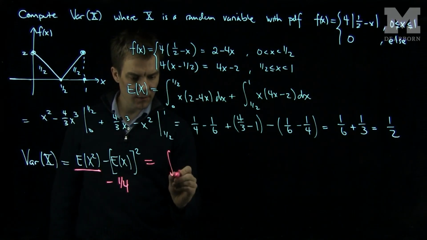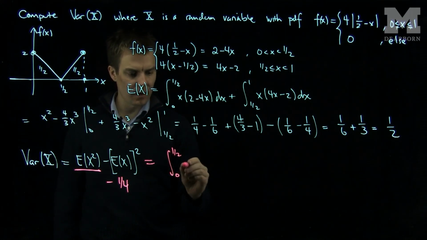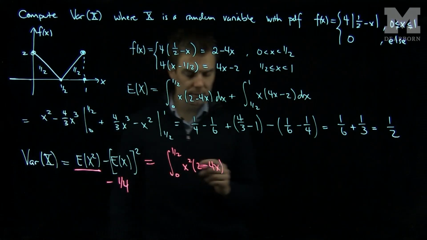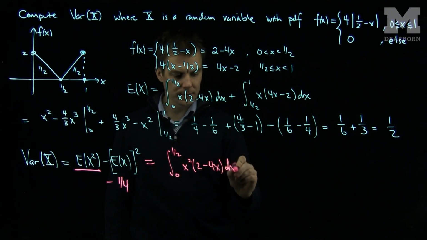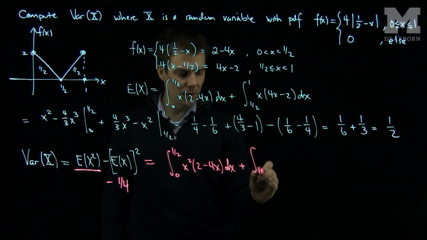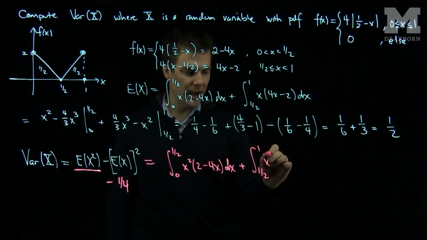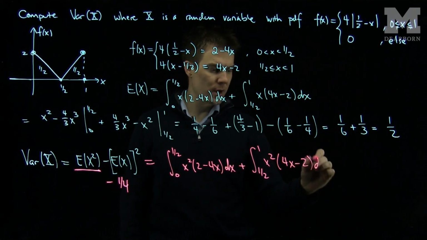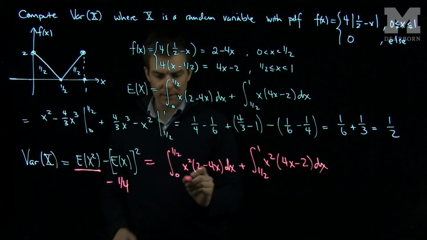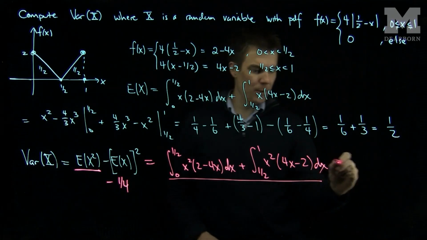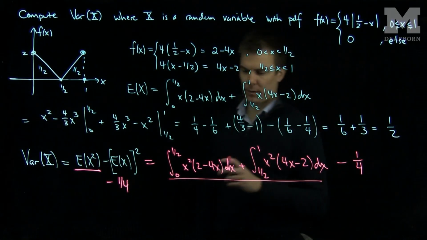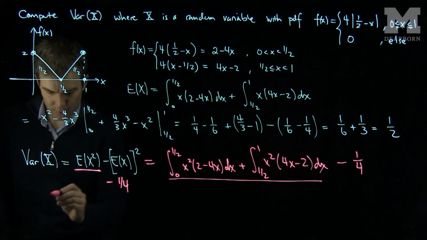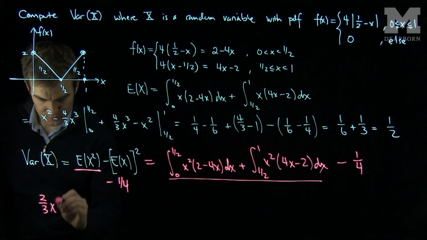This will be the integral from 0 to 1/2 of x squared times 2 minus 4x dx, plus the integral from 1/2 to 1 of x squared times 4x minus 2 dx. That's the expected value of x squared portion, and from this I will subtract off 1/4. So we continue. I have an antiderivative of 2x squared, that's going to be 2/3 x cubed.